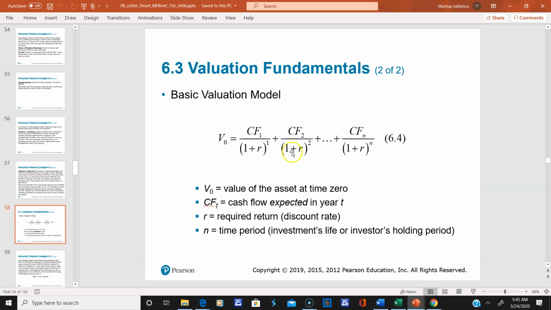All right, so here's the equation. This is the basic valuation model for something in general. Whatever has value is based on the cash flows you're going to get from that particular item. So, for instance, your college degree has a value, right?